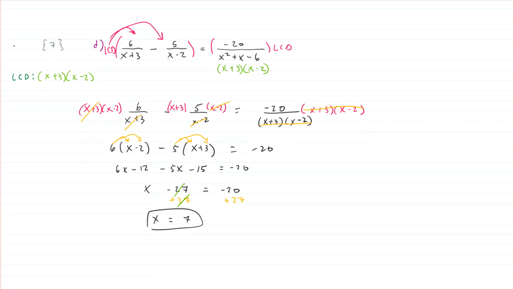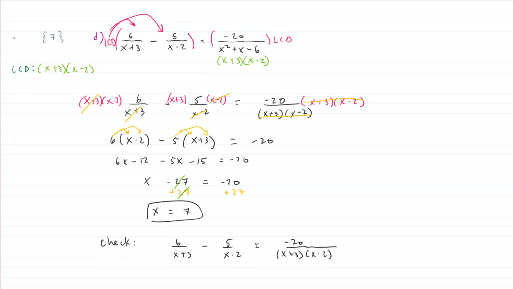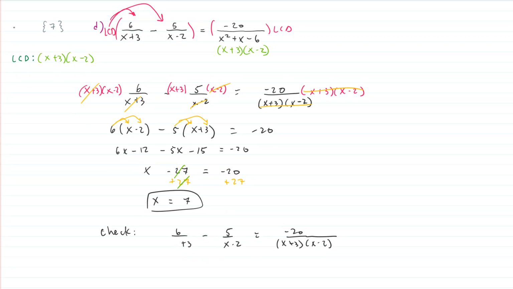Now again, we need to check that, so let's do that. We have 6 over x plus 3 minus 5 over x minus 2 equals negative 20 over x plus 3 times x minus 2. And instead of having an x, we're going to put 7, right?